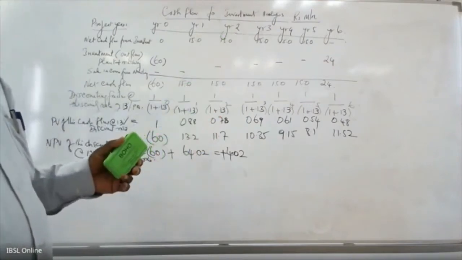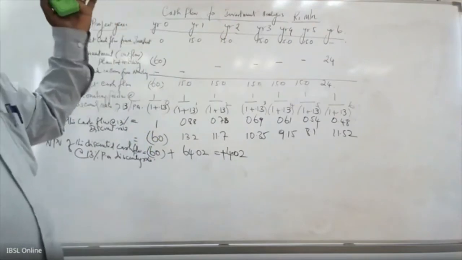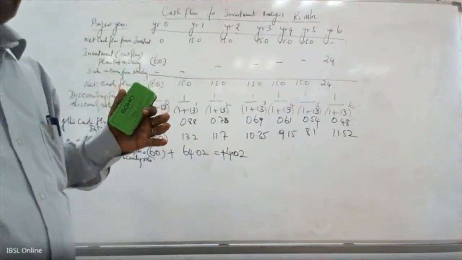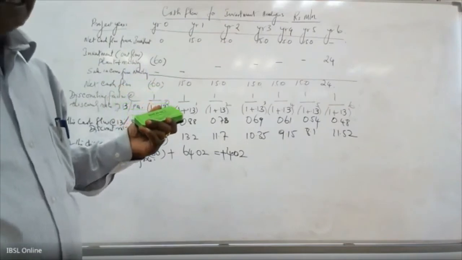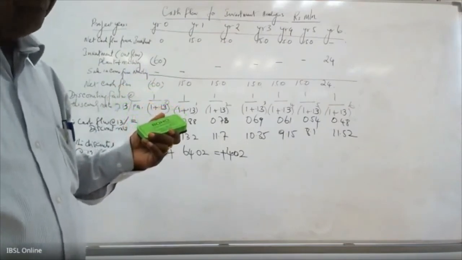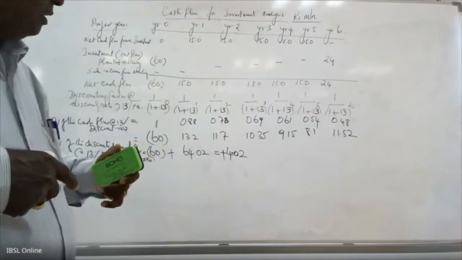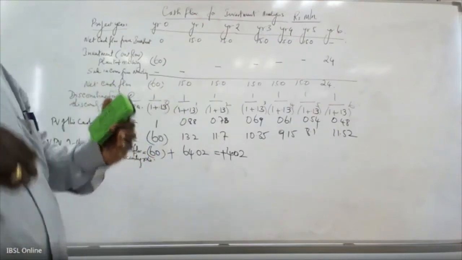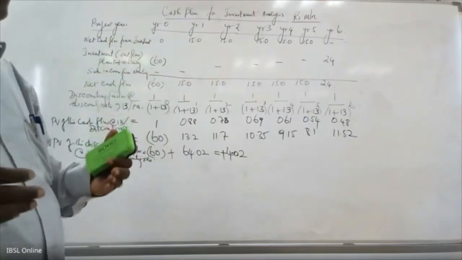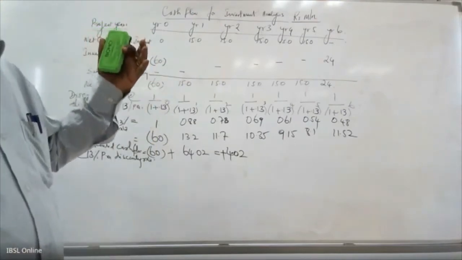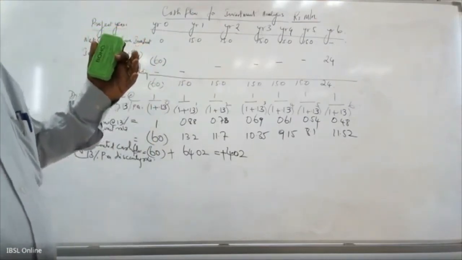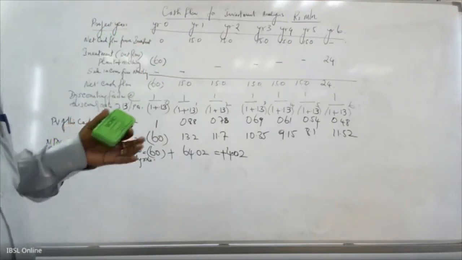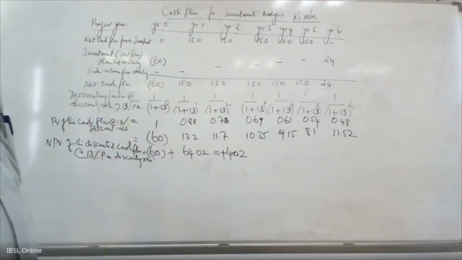That means the investment is more than the inflow at present value, so it is not worthy at 18% PA. Now the inflow at present value is more than the investment at a 13% discounting rate, so this project is worthy.